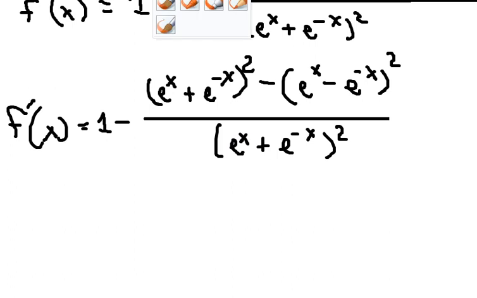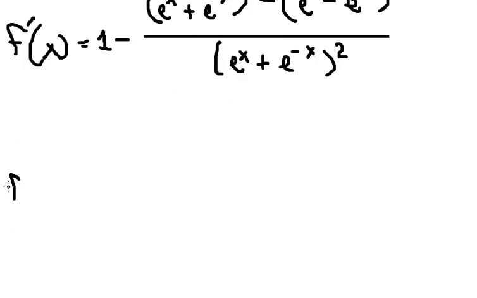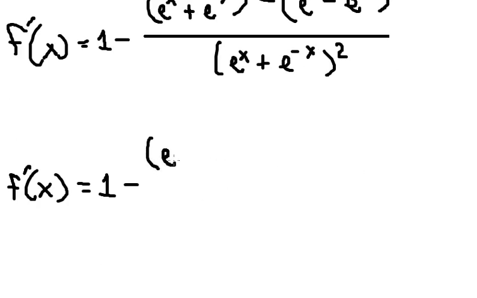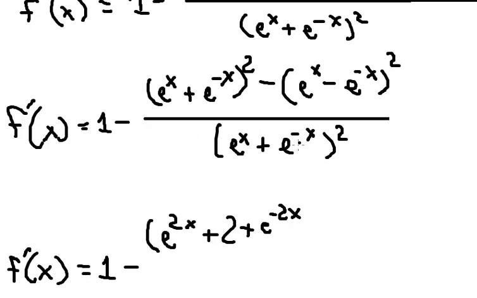Now, in this situation, we need to expand this one. Because e to the power of s multiplied by e to the power of negative s, we have number 1. That's why we just have only number 2 in here when we expand.